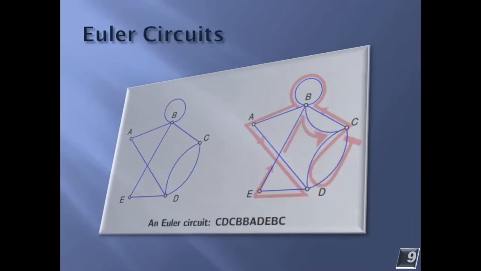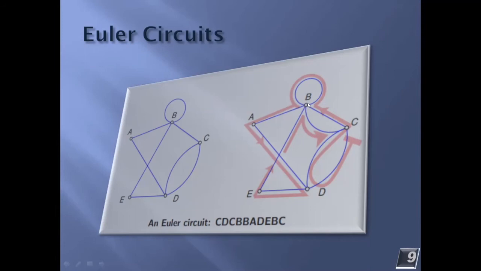Okay, this is an Euler circuit example. Here also 5 vertices are there, but all of them have even degree, including the vertices B and C. We can start our tour from any of them. In this example, we start from C, then we traverse C to D, then again come back to C, then C to B, and B contains the self loop.